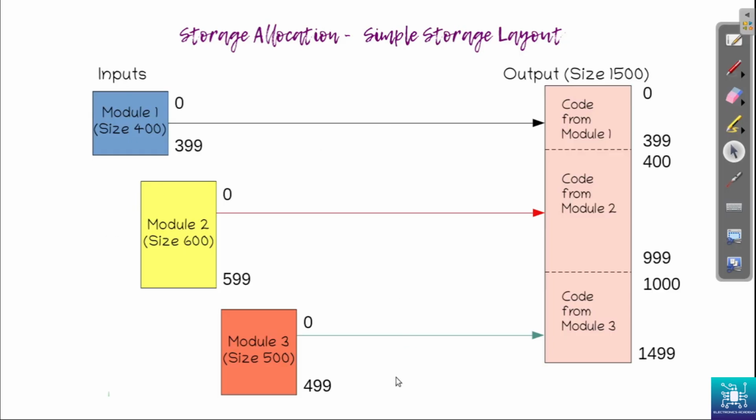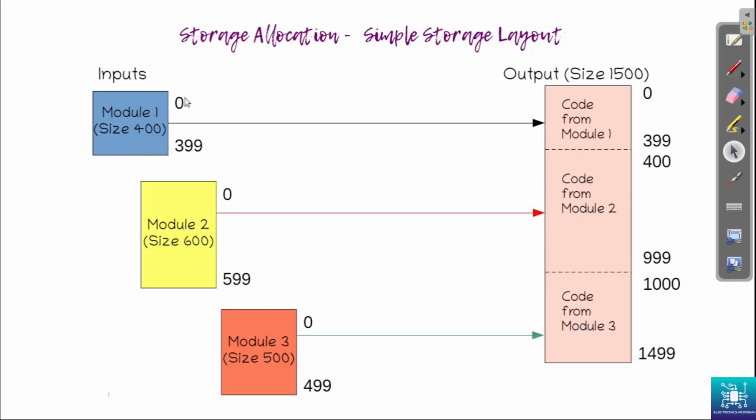When they are fed into the linker, it takes the order of input files that are fed into it. And if there are no specific instructions to have any section of the files placed first, it simply adds these, so the output file is going to be these three files combined together.